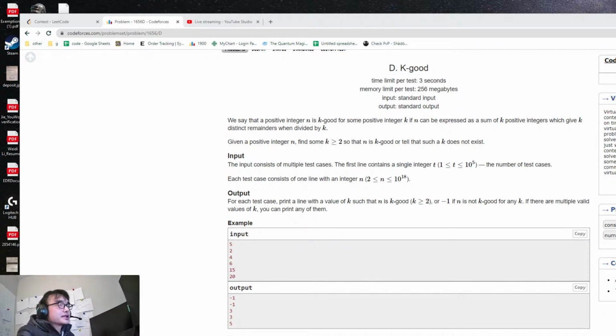Each of the remainders will appear exactly once. That's a lot of information. So we can change the form of n, since each of the remainders will appear exactly once. We will transform it to something like this, right?